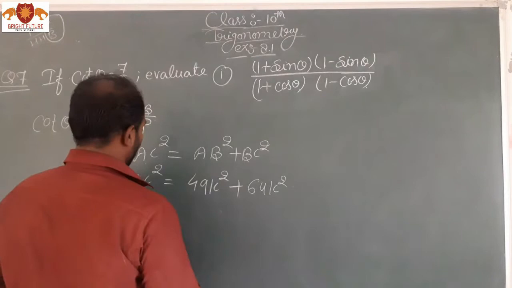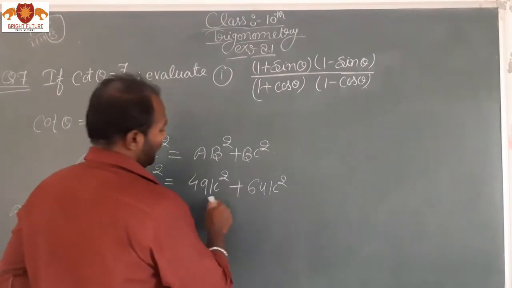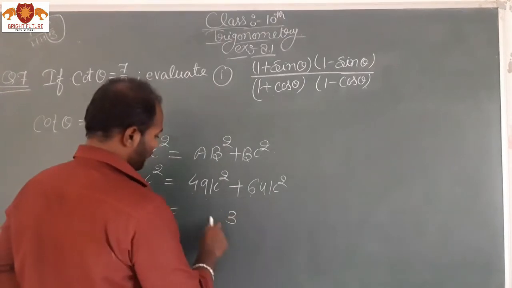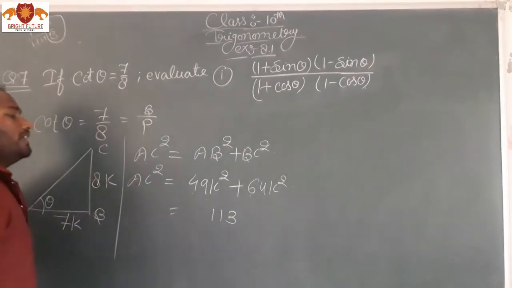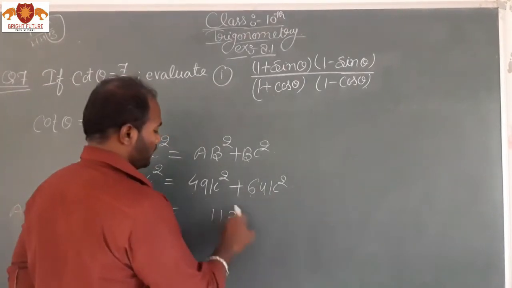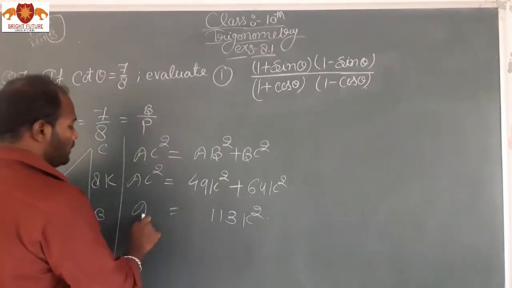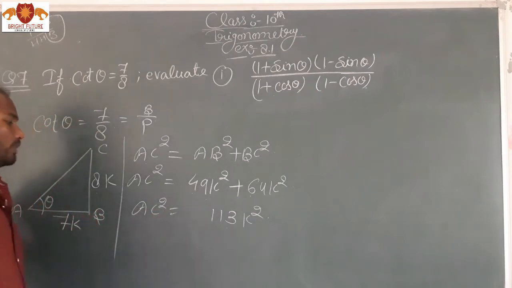Now if I add these two values, 49 plus 64, you will get the answer 113k square.